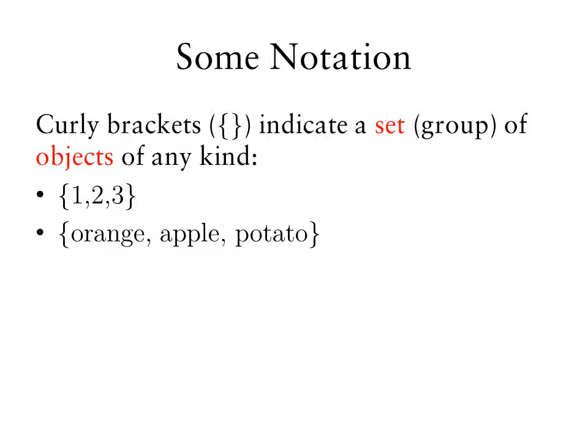If I want to demarcate that something is a collection that I'm going to be referring to in formal logic, all I have to do is put curly brackets around that collection of objects. The collection might be the set of numbers 1, 2, 3, or it could be the group orange, apple, potato, and that's a set of vegetables and fruits. It's a set of foods. The above is a set of numbers, etc.